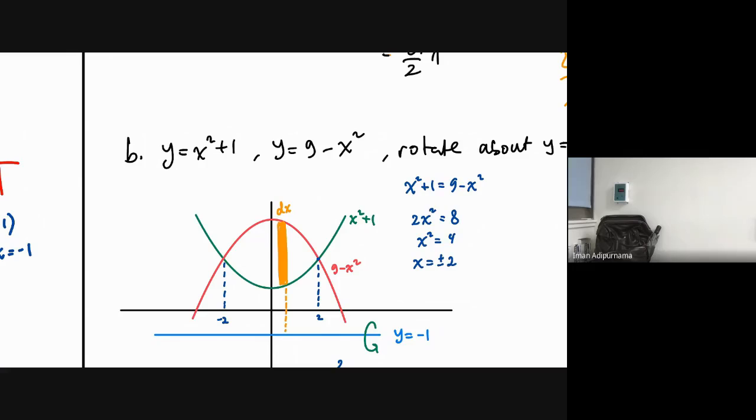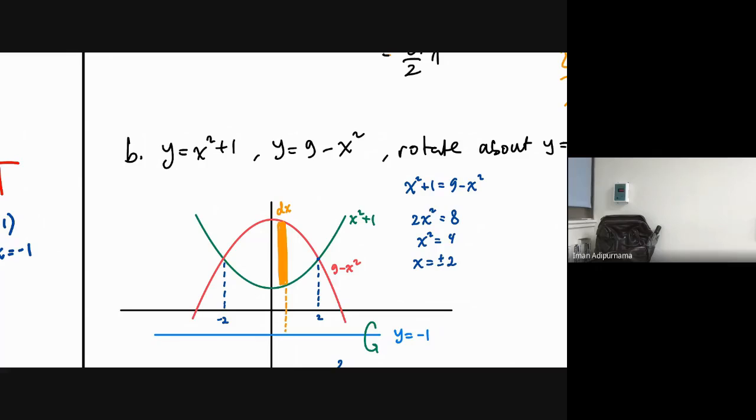I think this way will be better, right? If you rotate here, it will be like a donut, so I think this way is preferable. We have two radii. What is this radius?